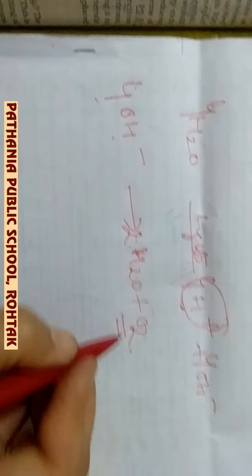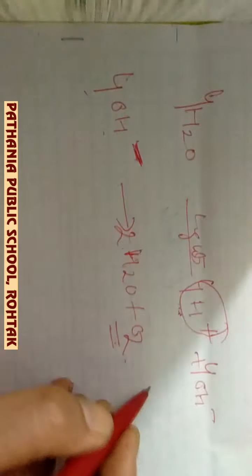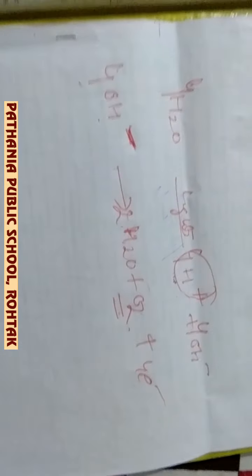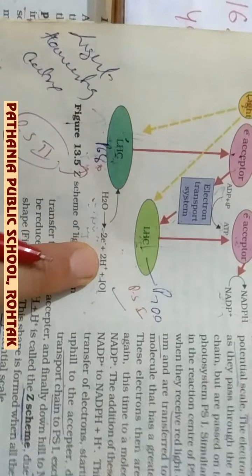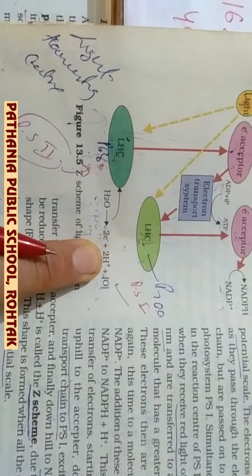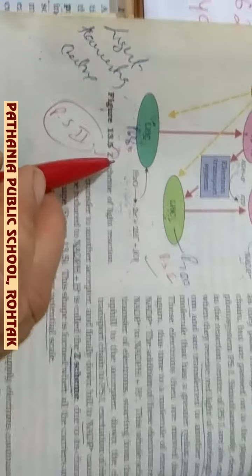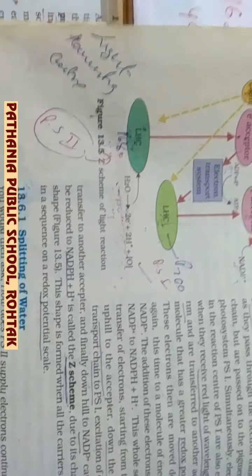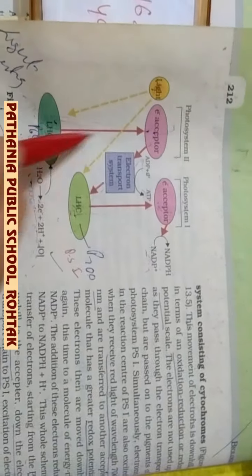Along with this, the four electrons will also form. These electrons will go back to P680 and make it stable. This hydrogen will reduce carbon dioxide to carbohydrate and oxygen will be released. And this again takes place in the stroma lamella inner membrane. So this scheme is called the Z scheme.